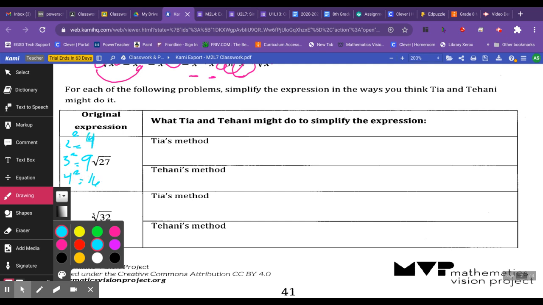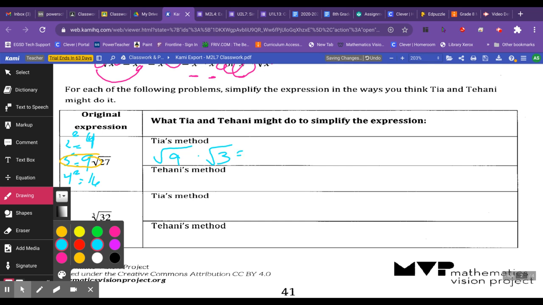Which of 4, 9, and 16 goes into 27 evenly? Well, 9 does. So I'm going to split this into the square root of 9 times the square root of 3, because 9 times 3 gets me 27.